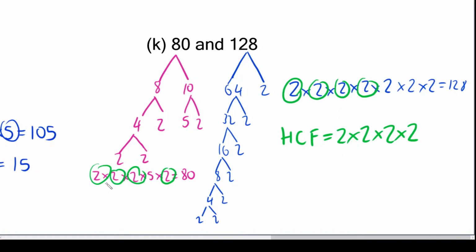So that's 2 times 2 times 2 times 2 times 2. There's a 5 here. Is there a 5 up here? No, there's not. So 2 times 2 is 4, 4 times 2 is 8, 8 times 2 is 16. So the highest common factor equals 16.